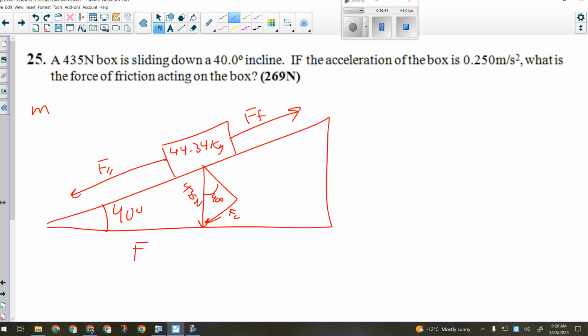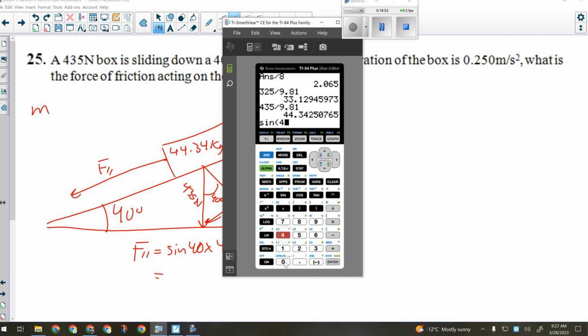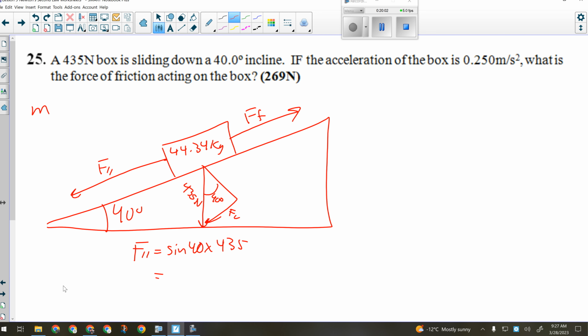So F parallel will be the sine of 40 times the force of gravity, 435 newtons, so 279.612 newtons. All right, so now I know that. Can I calculate the net force?